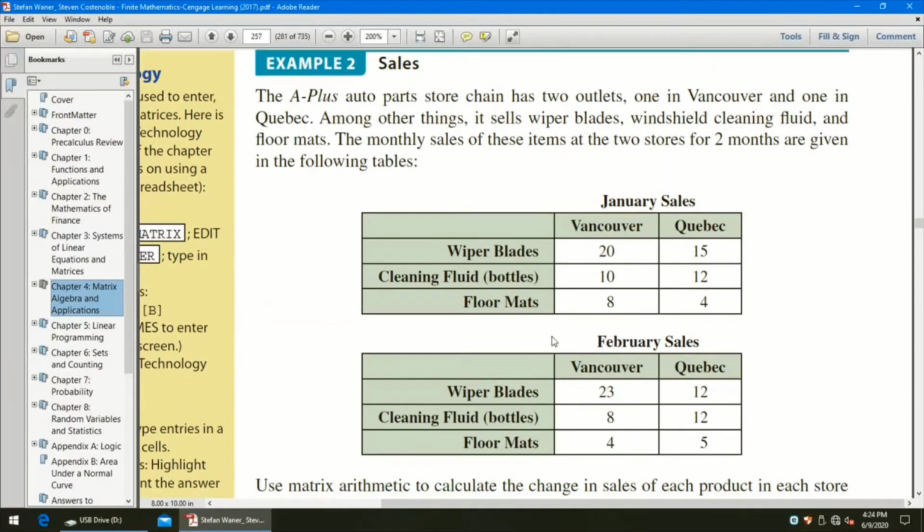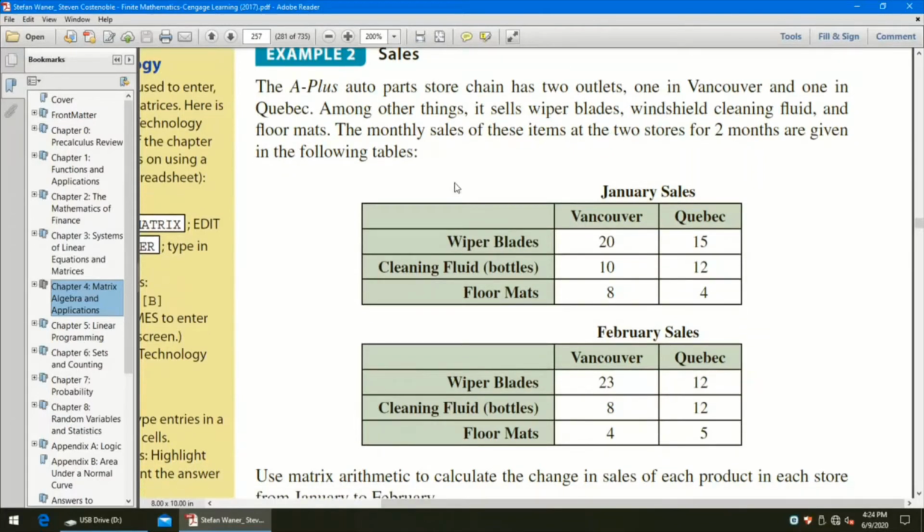Okay, I gave you an example way before, so this is another example where you have an auto parts store chain that has 2 outlets, one in Vancouver and one in Quebec. Among other things, it sells wiper blades, windshield cleaning fluid, and floor mats, and they have sales figures reported for January and February. For wiper blades, they have variable sales for different cities.